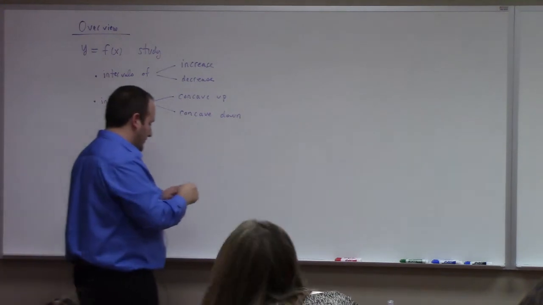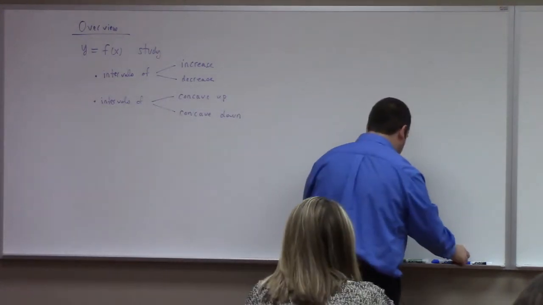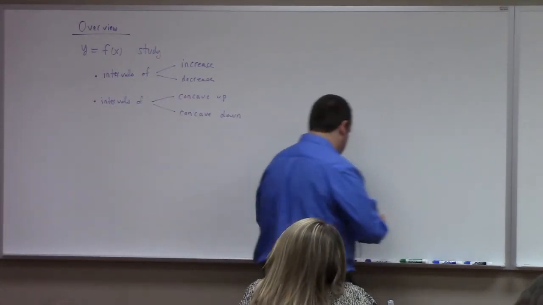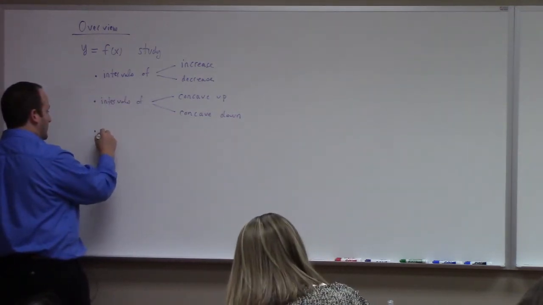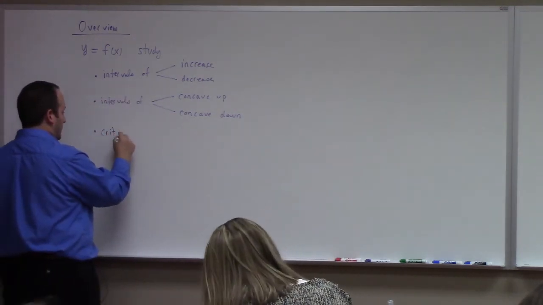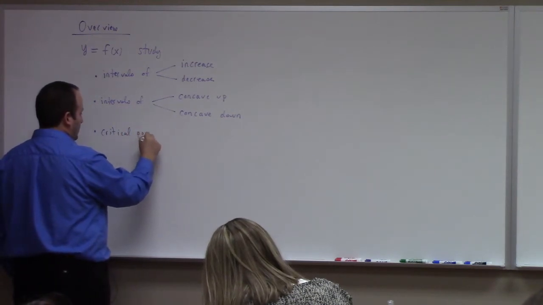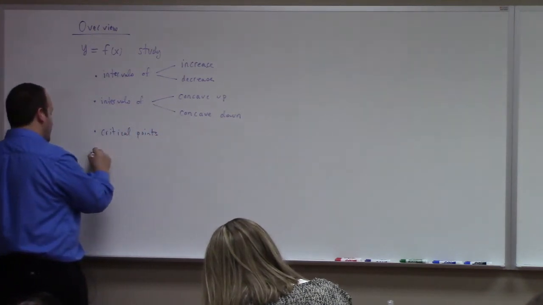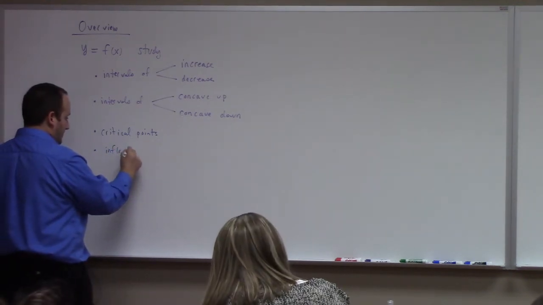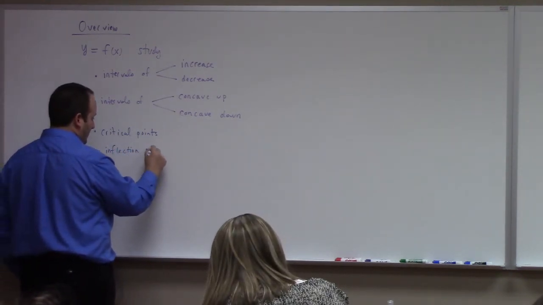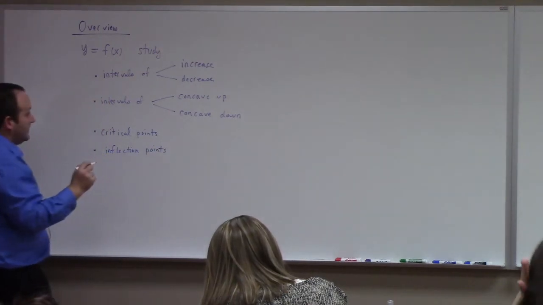right? What are other interesting things that we want to make sure we understand? Of course, we want to know where there are critical points, right? Critical points, we understand where those are, and we also want to know where the inflection points are. Is there anything else we're interested in?